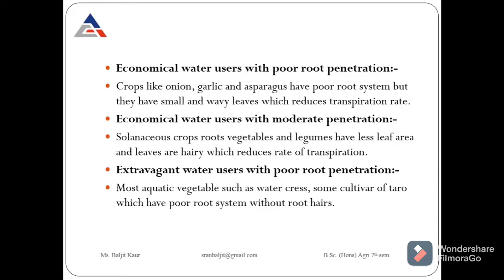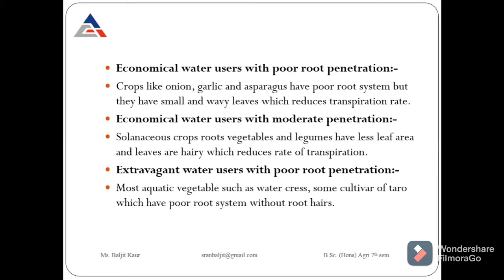The next group is economical water users with poor root penetration. Some of the crops have very poor root penetration, but they use water very economically. Crops like onion, garlic, asparagus have a poor root system, but have very small and wavy leaves, right? Because they have small, wavy leaves, which reduces the transpiration rate, they use water very economically.